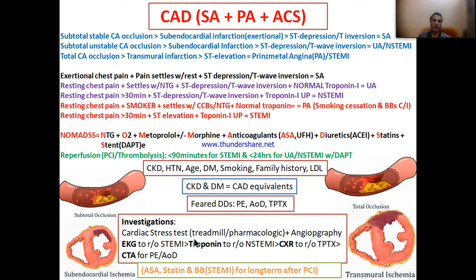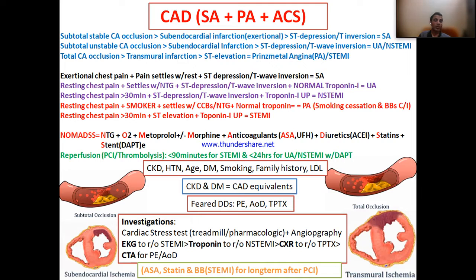In that case, you can give the patient regadenoson, adenosine, or dipyridamole. Most of the time you give regadenoson. That will elicit the chest pain and EKG changes, and on nuclear imaging you will see the constriction of the coronary artery.